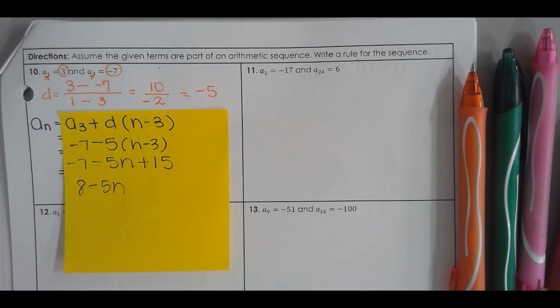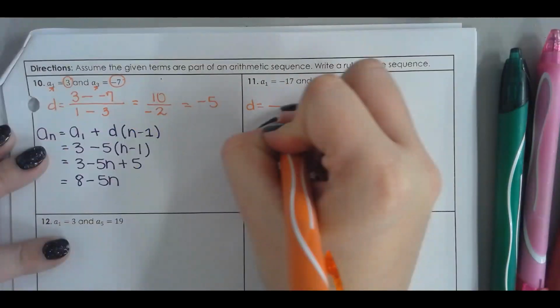What's negative 7 and 15? Eight. The only reason I wanted to point that out and show you is that we will see questions where it's going to be much, much easier if you remember that. I don't think and then forget about it. Of course, if you're given A1, why not use A1? But you could use any of them.